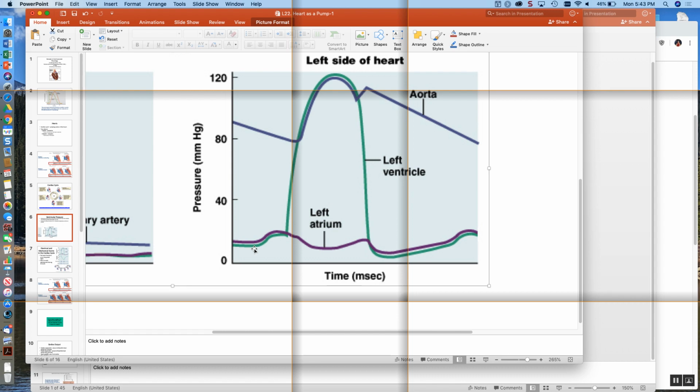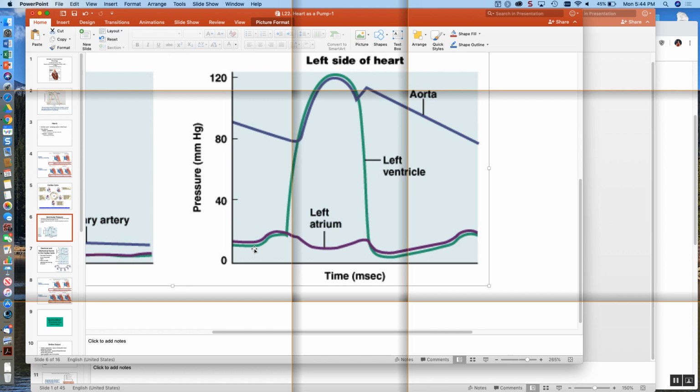PQRS, none of the electrical stimulation has happened yet. So at this point, you know the two AV valves are open, right? The tricuspid and bicuspid are open, allowing for blood to flow from the atrium into both ventricles. This is passive filling during ventricular diastole, okay?